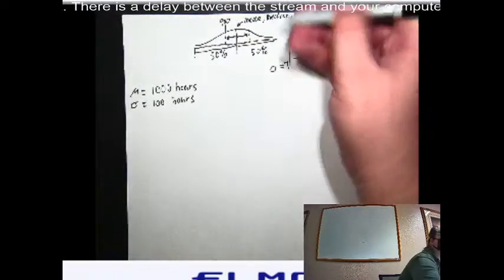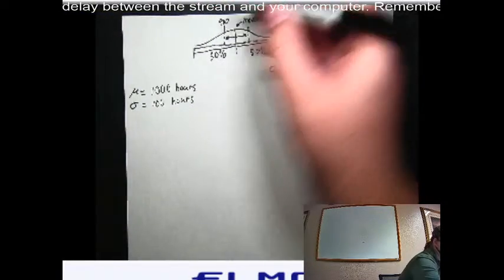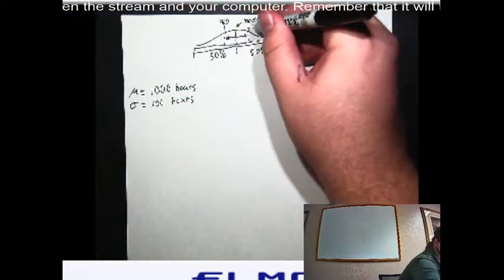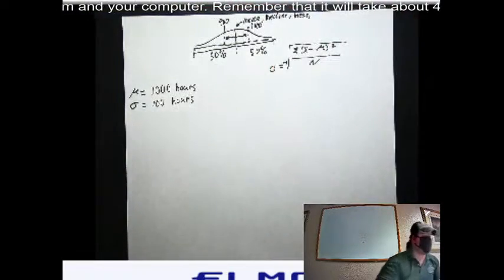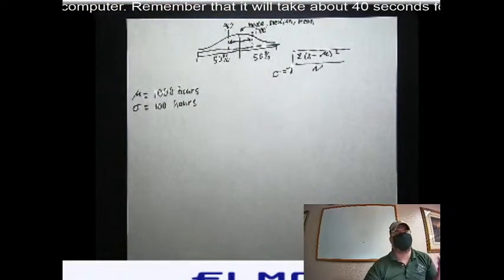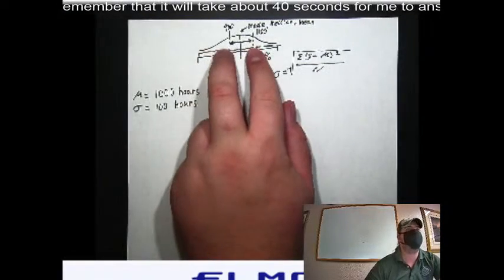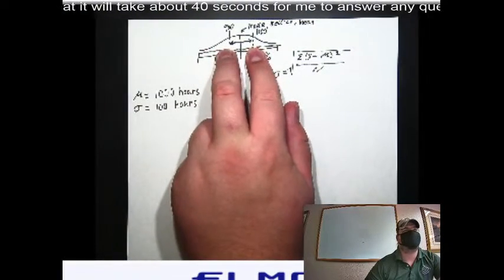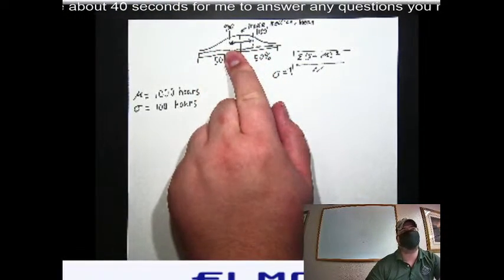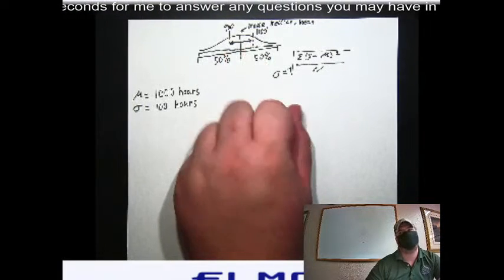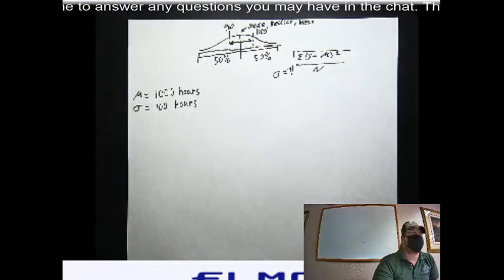One standard deviation above that, so 1,000 plus 100, would be 1,100. And we can expect most of the light bulbs to occur between these 2 points. Most of them are going to have a lifespan somewhere between 900 hours and 1,100 hours. Still making sense?